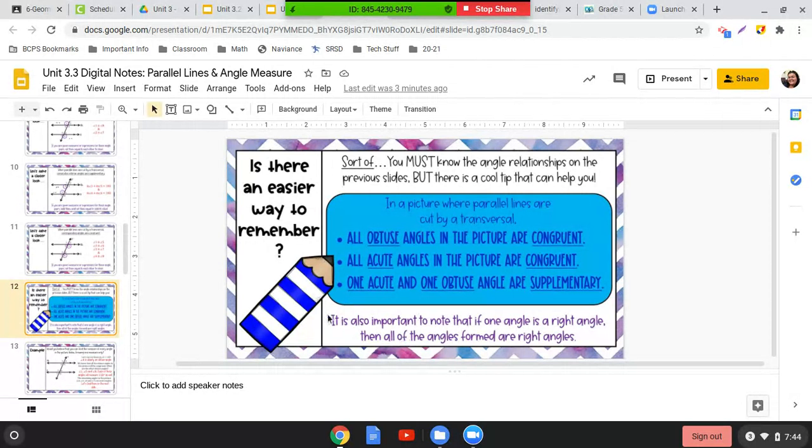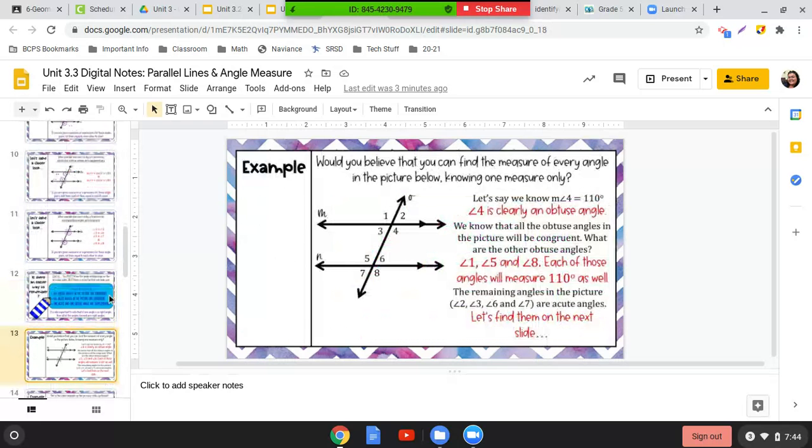It's also important to note that if one of the angles is a right angle, then all of the angles that are formed are going to be right angles on both clusters. So an example of this is, would you believe that you could find the measure of every angle in the picture by only knowing the measure of one angle?